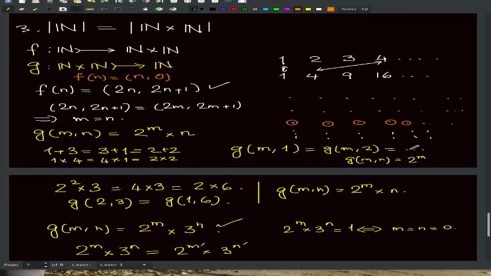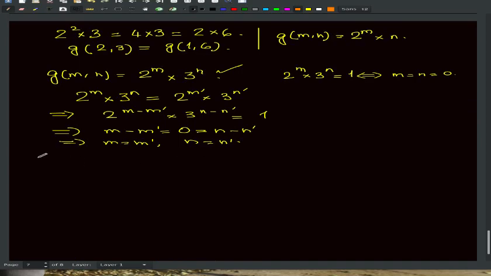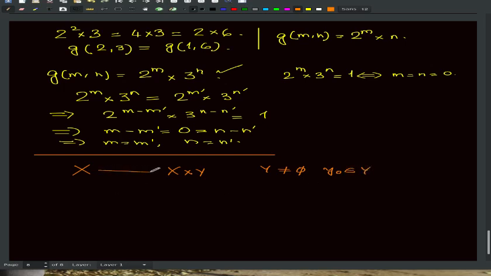So you see, if you have any set x and you have any other set y, and the only thing is y is non-empty, and you choose a point from y, this map is always 1 to 1.